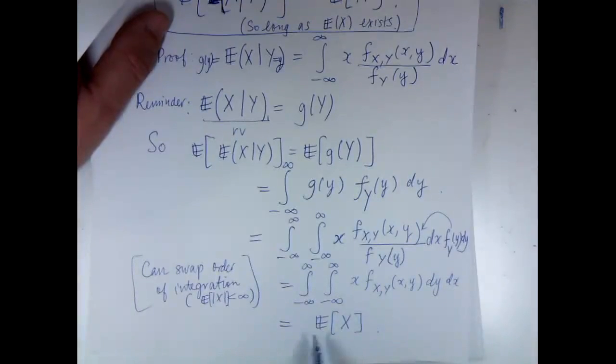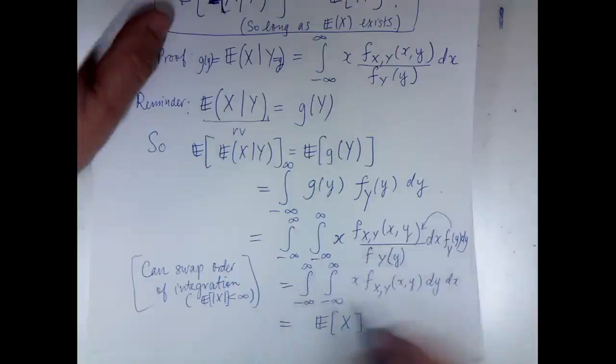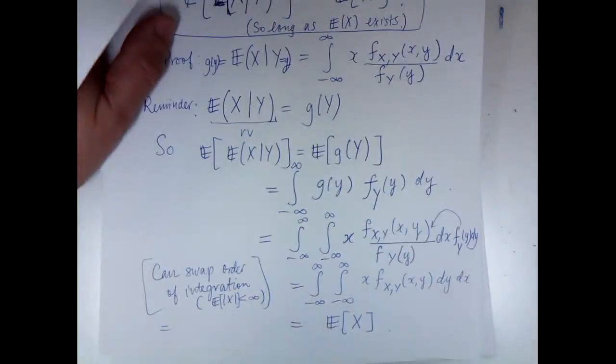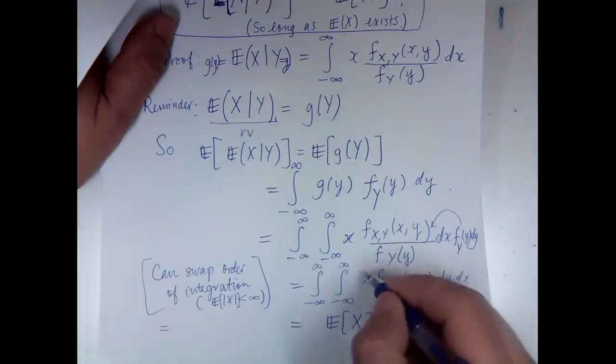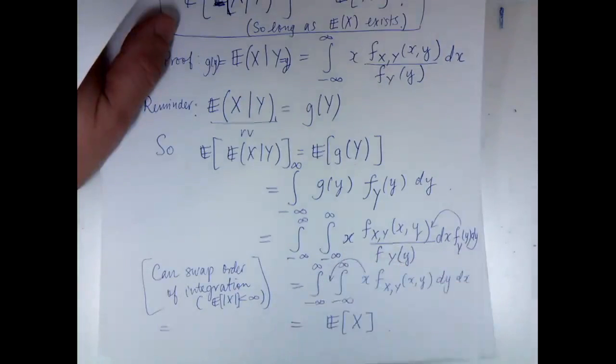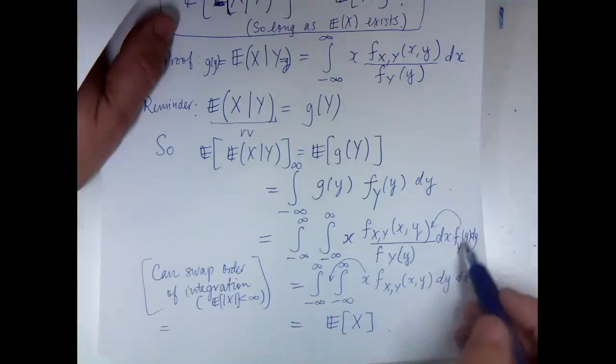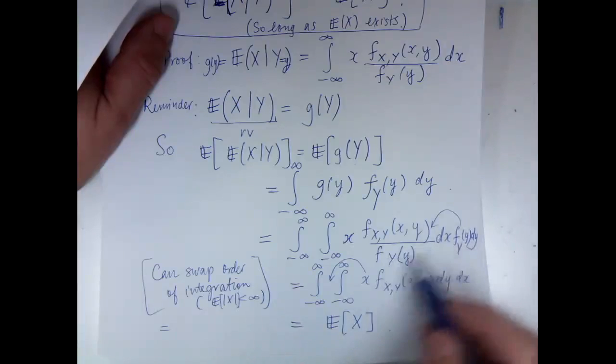If you don't like the fact that it's the definition of expected value of X, then I'm going to put in an extra step for those of you who don't like that jump. This extra step will now use the fact that we've swapped the order of integration. So it wasn't useless. Once I've swapped the order of integration, by putting the f_Y of y in there, I cancelled that with the denominator.